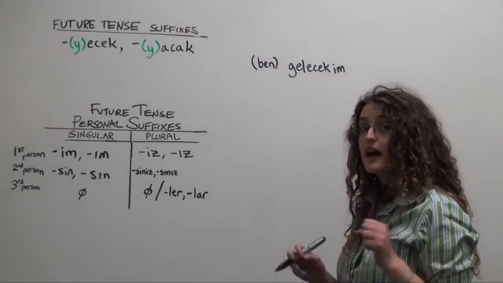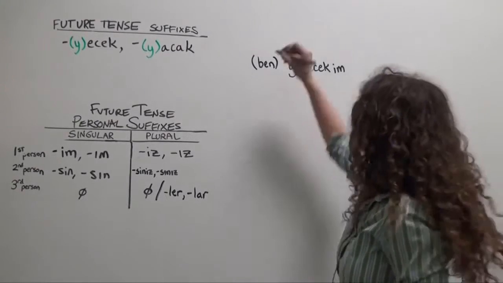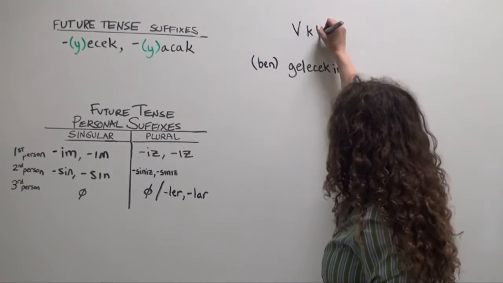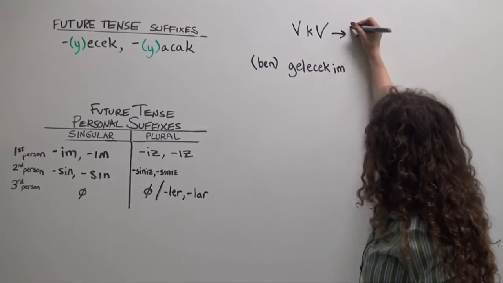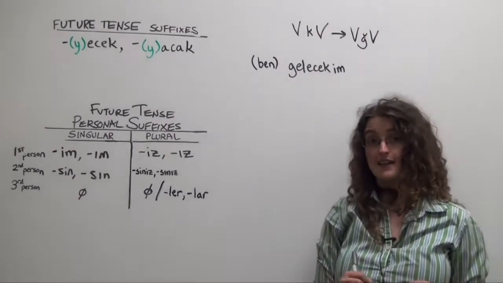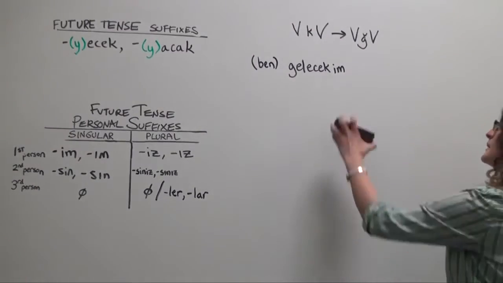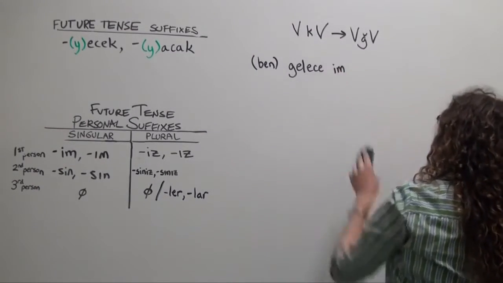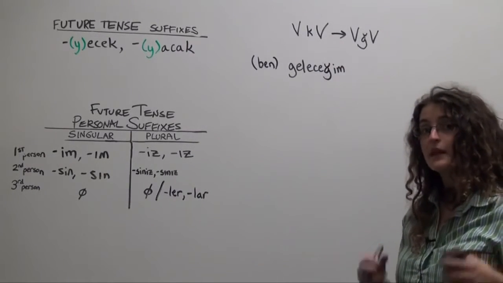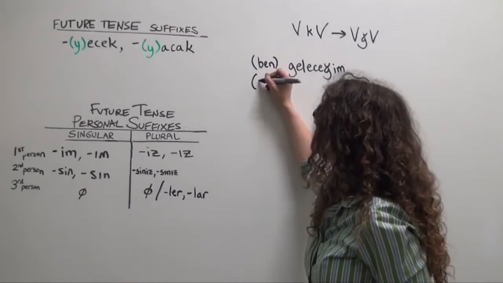That means that in the future tense, when a K is sandwiched between two vowels, with a vowel on either side, it's going to become a soft G, a yumuşak G. So ben gelecek im becomes ben geleceğim. I will come.